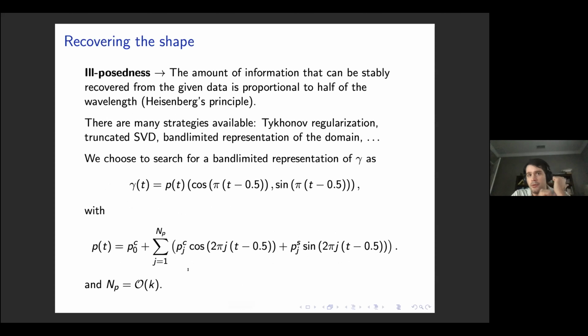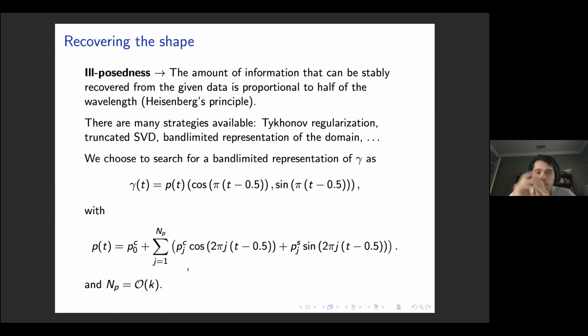To treat the ill-posedness here, we go back to what I said, that you have several different ways to solve that. You're going to have to do some regularization, but you can do truncated SVD, Tikhonov, or some sort of band limited representation of the domain. We are going with the last option, where we represent the domain in a star-shaped sense, like this that I put here.